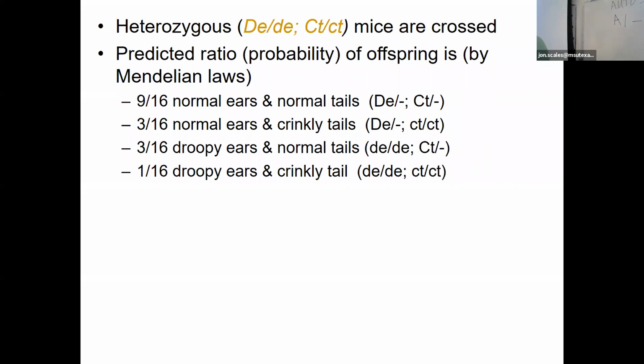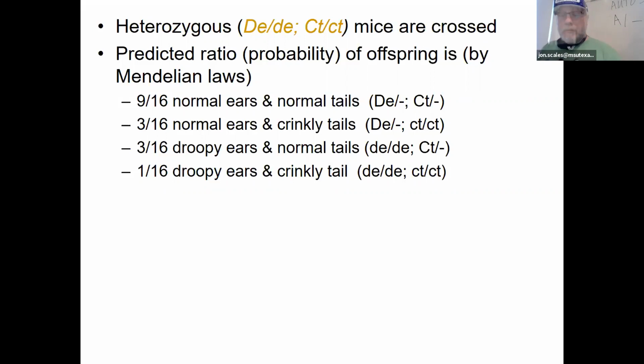All right, we know that for the phenotypes to be normal for both traits would be 9/16. 3/16 would be just crinkly tails. 3/16 would have just droopy ears, and 1/16 would have droopy ears and crinkly tails. So you never have a chance where you have droopy ears and normal ears at the same time, right? So these are completely normal, and these are completely mutant.